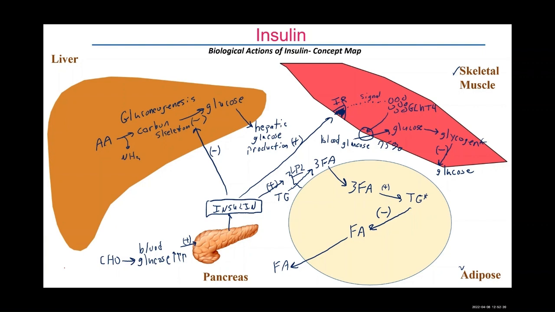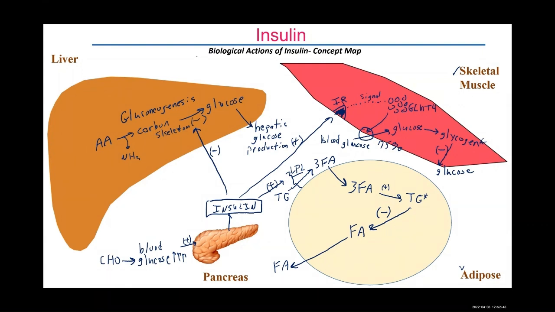Now let's say insulin is not working correctly. Let's say we're insensitive to insulin, or those cells are not responding to it. Let's start here with the skeletal muscle. Say someone is obese. Remember, that's a big risk factor for type 2 diabetes.